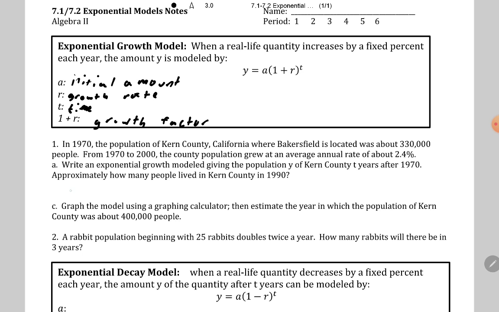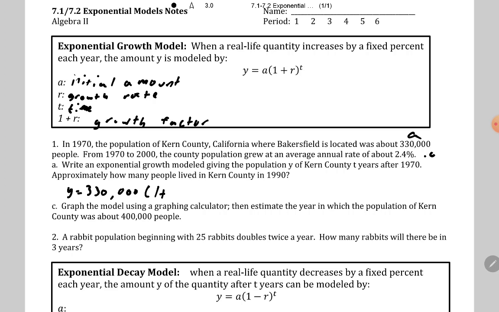So our formula here is y equals, let's follow this, a, our initial amount, is 330,000 in 1970, and then 1 plus our rate of growth, 2.4%. Now be careful, we don't use 2.4, but we use the decimal.